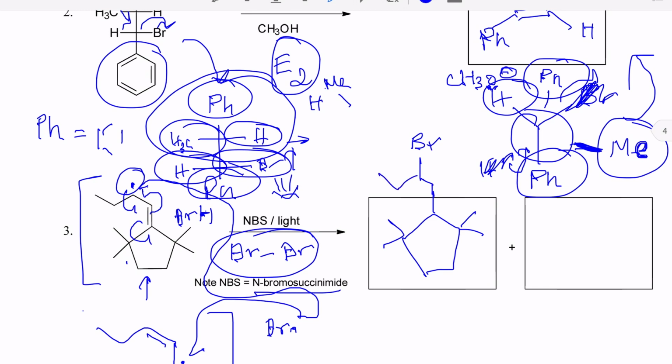Where that radical was, we now have a bromine atom. And if you apply the same principle to the other resonance structure, we get the second product. So these are our two final products.